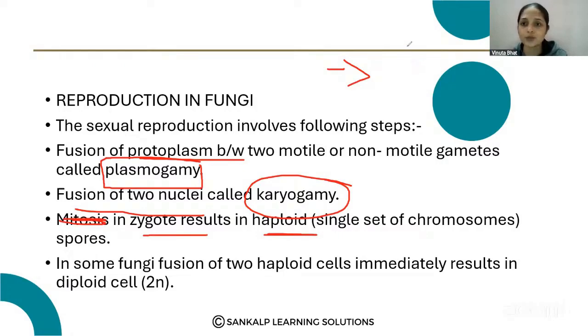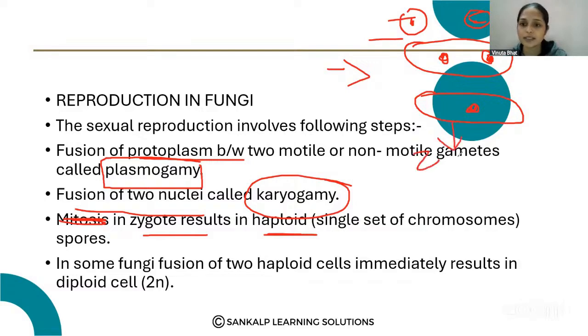Just imagine these are two hyphae of the fungi. In the first step, only fusion of the cytoplasm takes place and the nuclei remain separate. In the second step, fusion of the nuclei takes place. In the third step, there is meiosis.